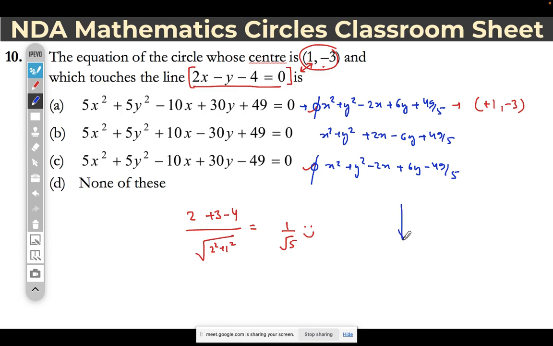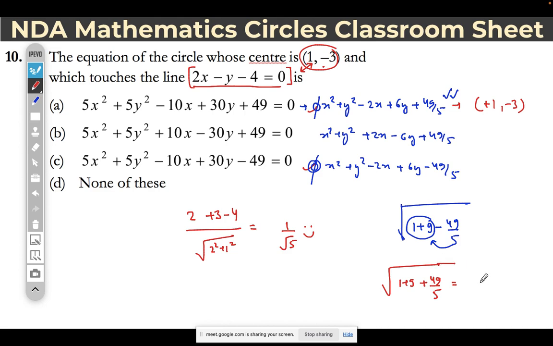First radius is root of 1 plus 9 minus 49 by 5, which is 50 minus 49, yes, that's the answer. If you check the other radius, it will be root of 1 plus 9 plus 49 by 5, so it will become 99 by 5. Clear? That's not our answer. Our answer is this. Answer alpha. Got it? Say yes.